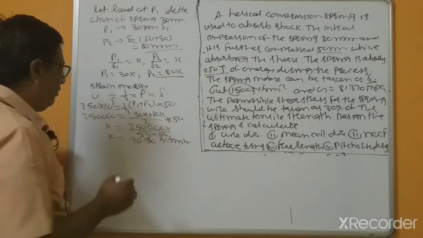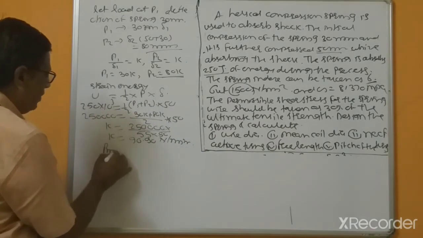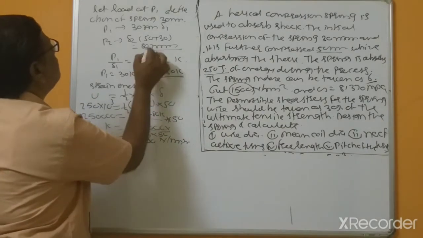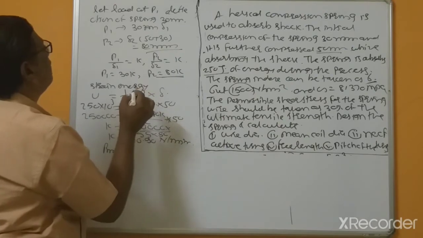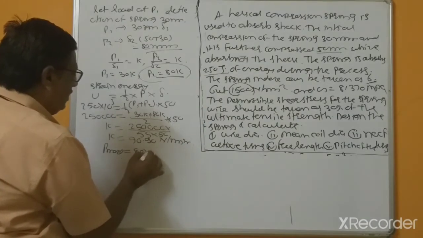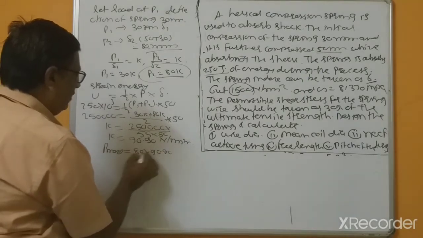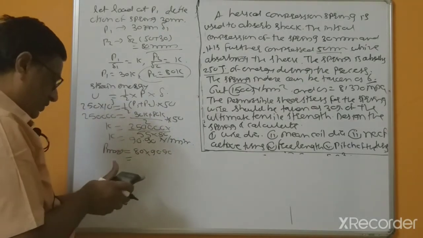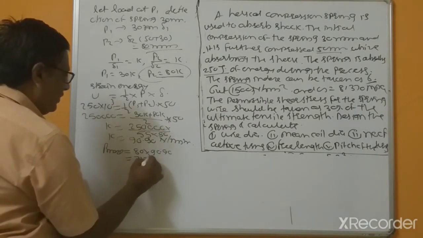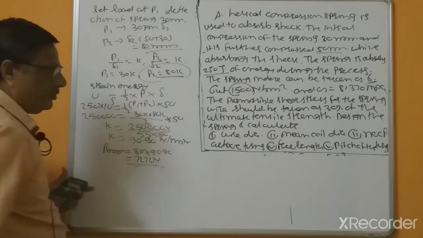So P2 equals maximum load equals 80K. So 80 into 90.90, and this is equal to 7272 Newton. This is clear.